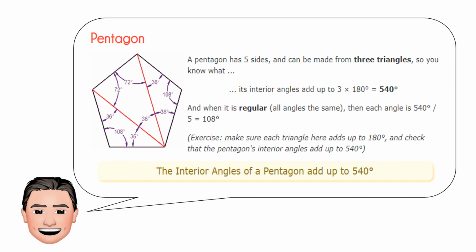Exercise: make sure each triangle here adds up to 180 degrees, and check that the pentagon's interior angles add up to 540 degrees. The interior angles of a pentagon add up to 540 degrees.